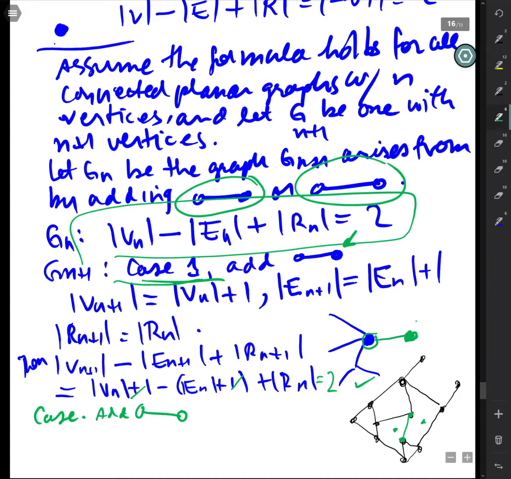Or perhaps what we do instead is we add that edge to some vertices that are pendant vertices in the unbounded region. So perhaps we'll add that edge out here.